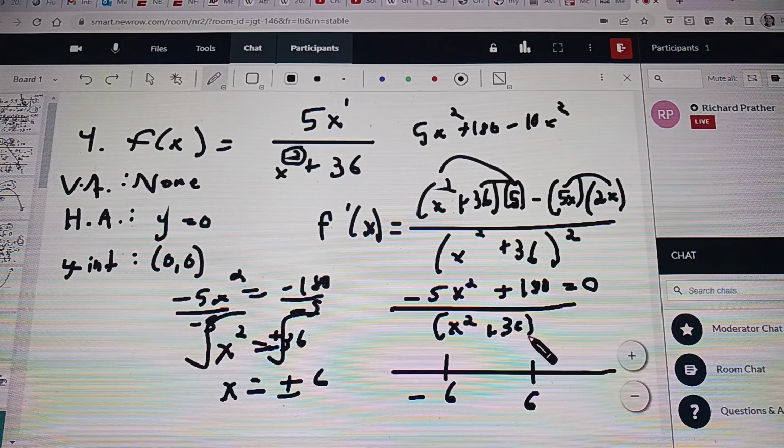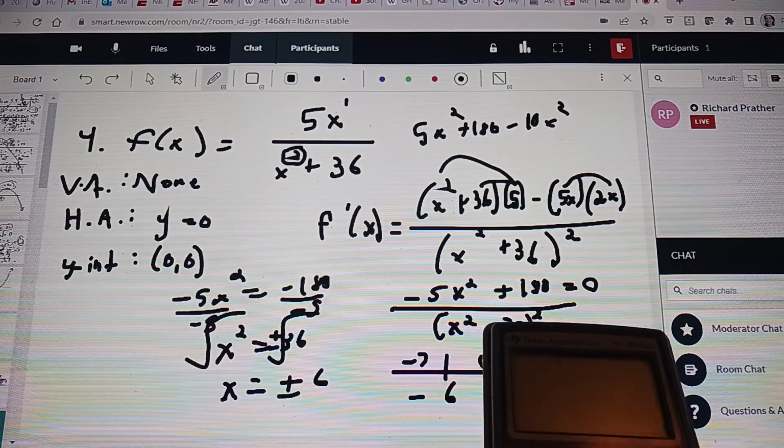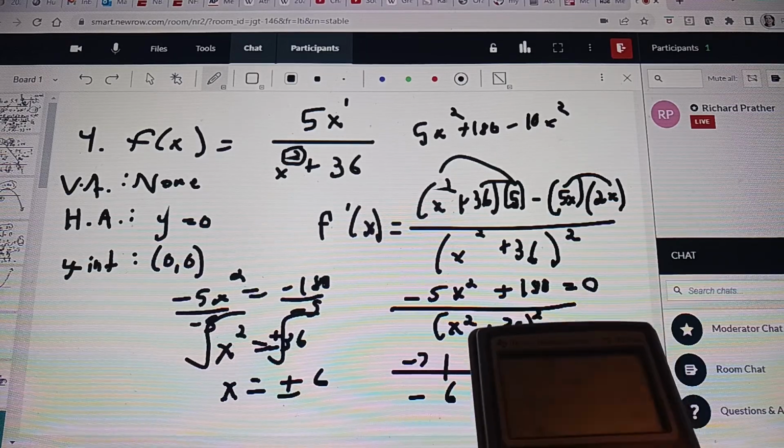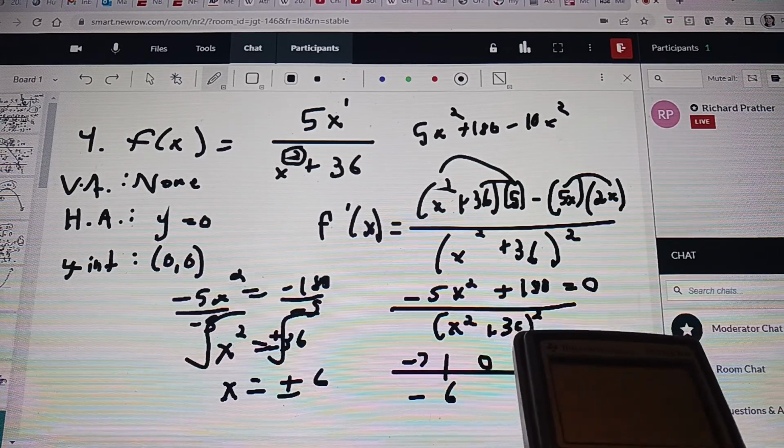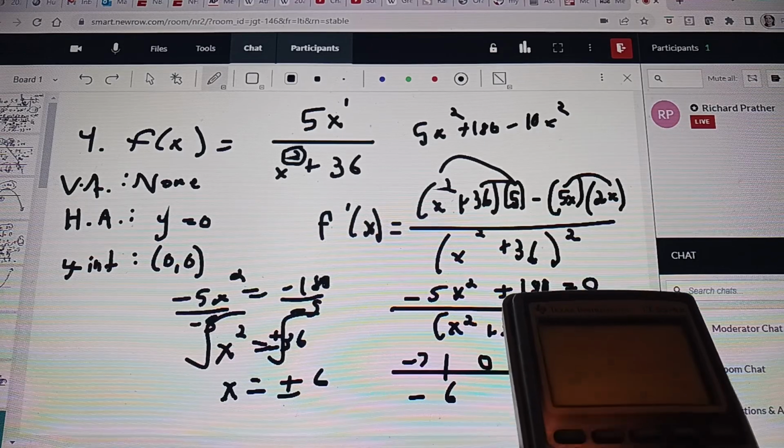And in fact, the x parts are all squared. So I wouldn't plug 6 in, but if I plug in 7 and -7, let's say, whatever answer you get for 7, -7 is going to give you the same answer. So in the numerator, you would have -5 times 7 squared plus 180.